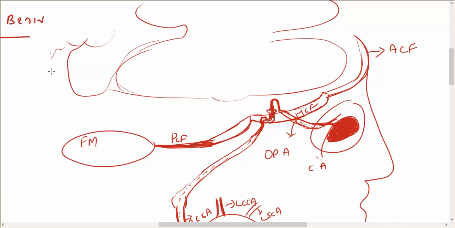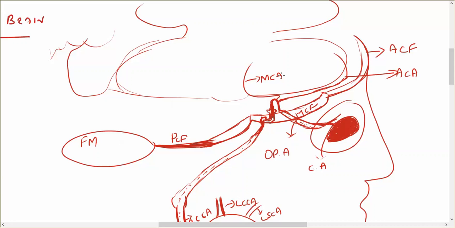Because we cut the brain like this, there are branches here. From here there is another branch which comes out, that goes to the anterior part of the cerebrum, that is called the anterior cerebral artery. And another artery which goes laterally, that is the middle cerebral artery.